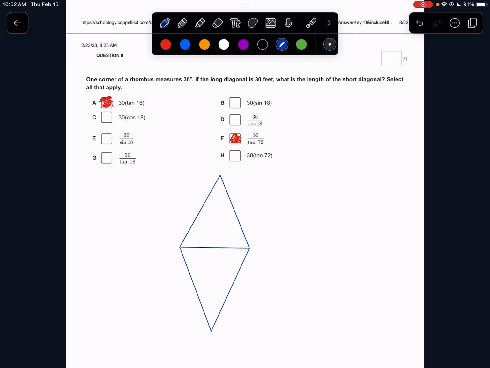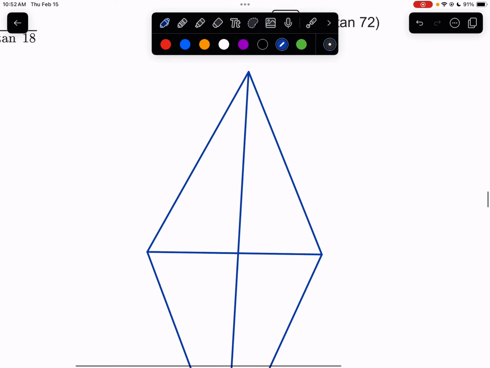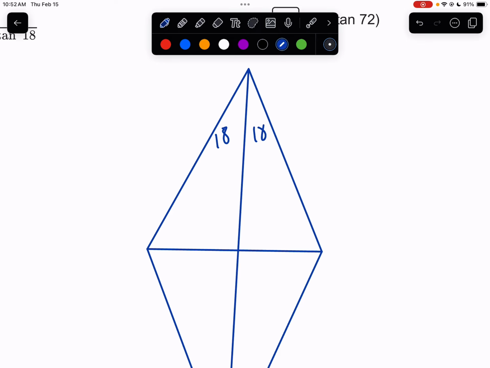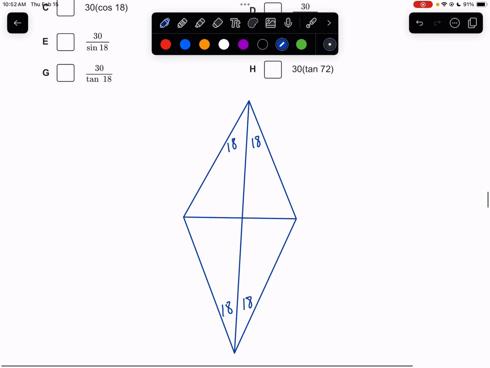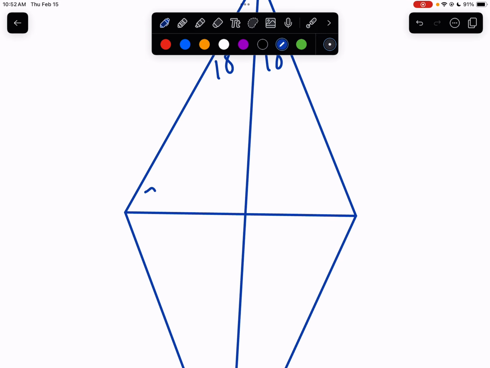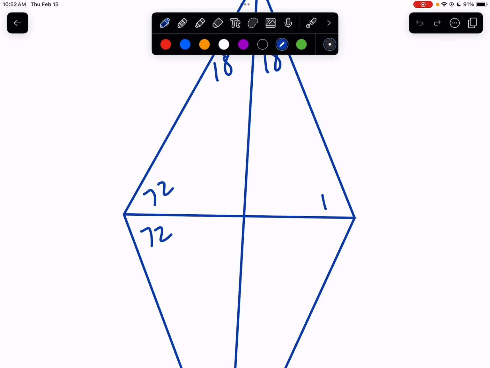And it says that one corner is 36. Well, if the entire corner is 36, what happens when you cut that in half is you get a couple of 18s. And I didn't know which one, but I made the one that looks smaller be smaller, right? Because if those are 18, aren't these other angles 72? And so if I have control over it, I'm going to make the big angles look big and the small angles look small.